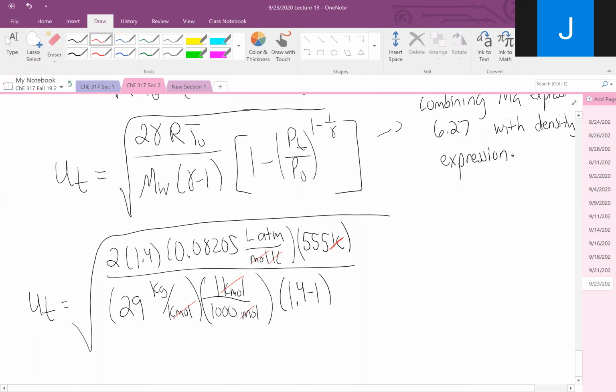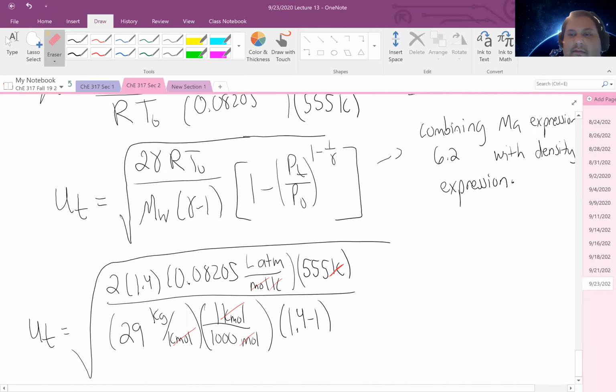So, Dr. Lopez. Yes. When you were combining the Mach expression like 6.27 to find your velocity, since you found the initial density, couldn't you just have used equation 6.26 to find your velocity of the throat? Or did you have to combine the Mach expression 6.27 with the density? Did I say 6.26? It's 6.26.